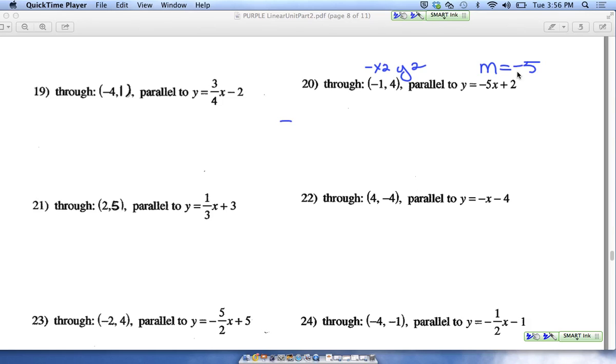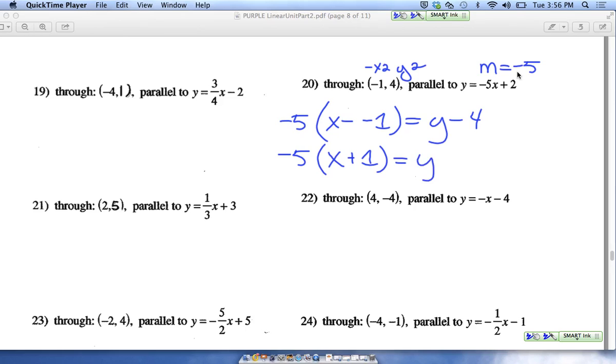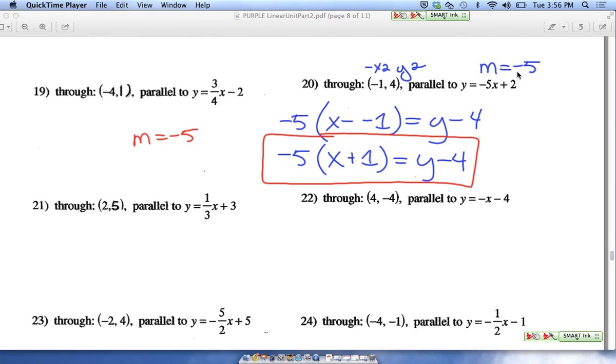So my model, I would have the slope times x minus negative 1, and that gets set equal to y minus 4. So to clean this up, I would have negative 5 times x plus 1 equaling y minus 4. And then if you were just given this equation and asked to identify the major parts, your slope would be negative 5, and the ordered pair given in the equation would be (-1, 4).